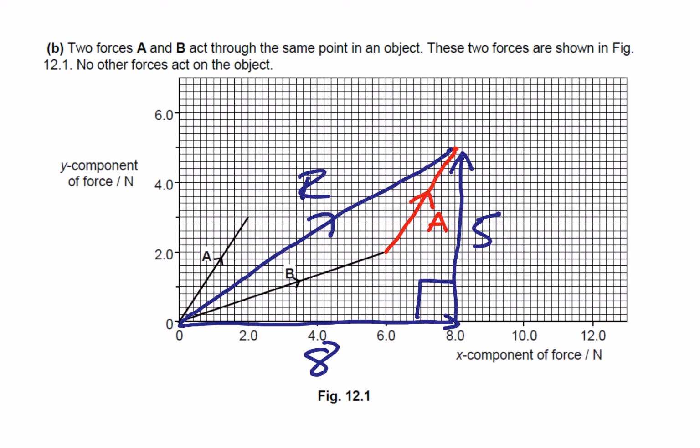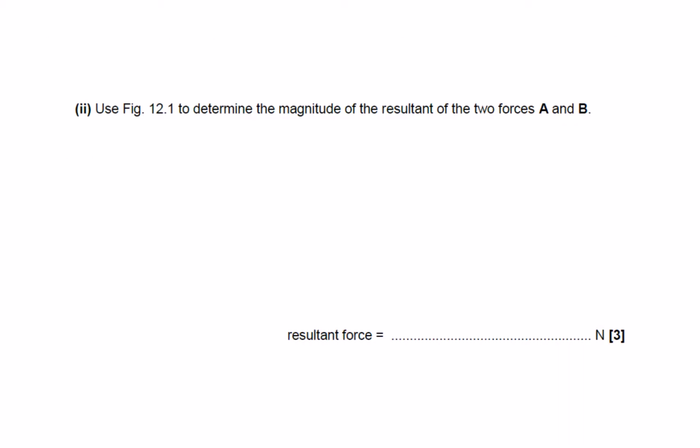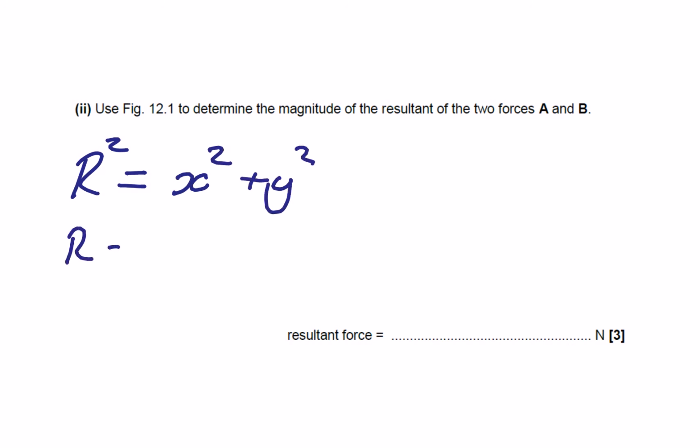If I use Pythagoras' theorem, I can say r squared is going to equal the x component squared plus the y component squared, so r will equal the square root of x squared plus y squared, and substitute my values in.